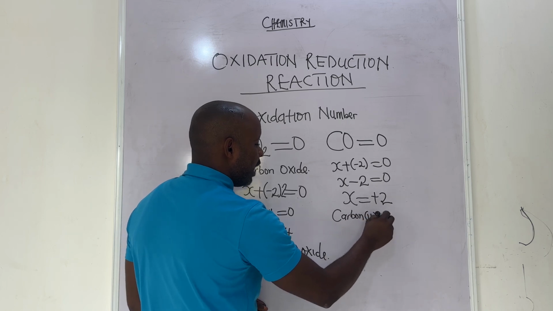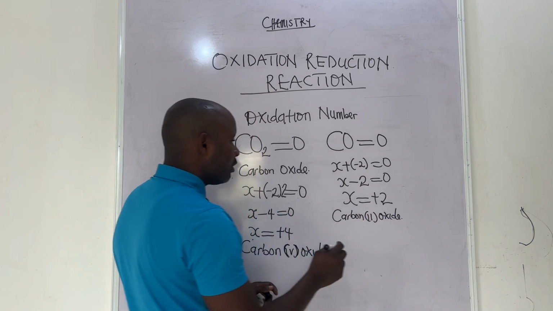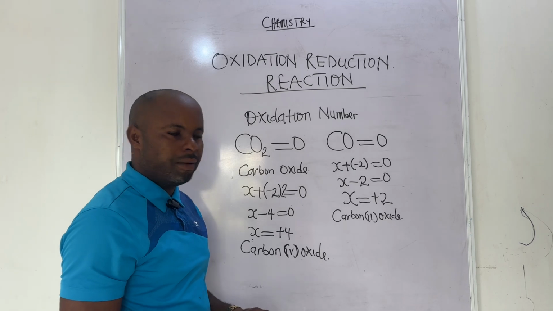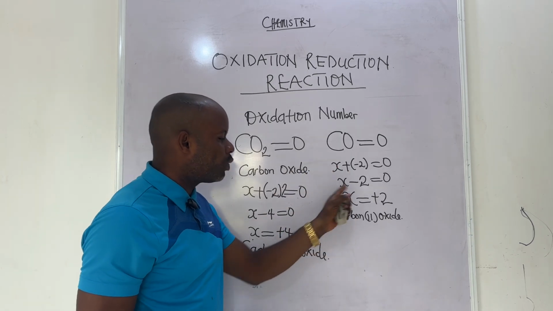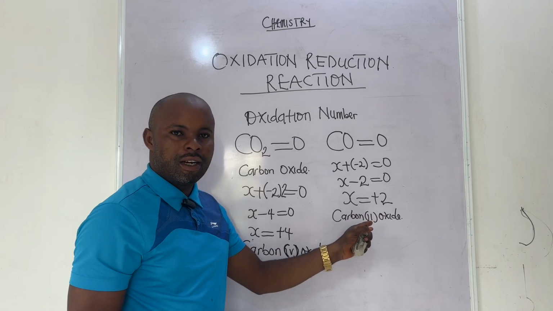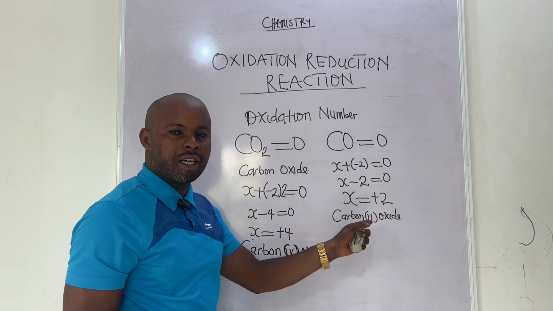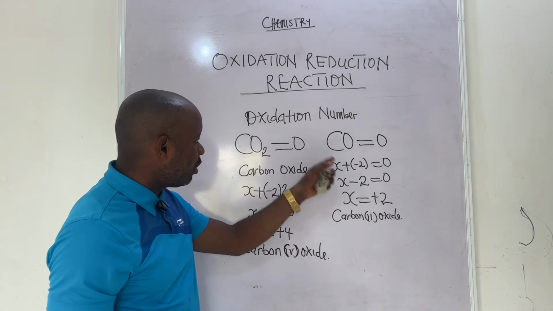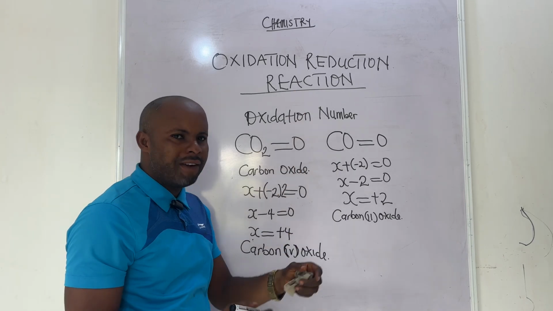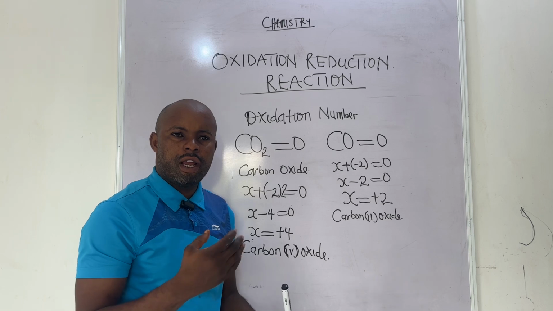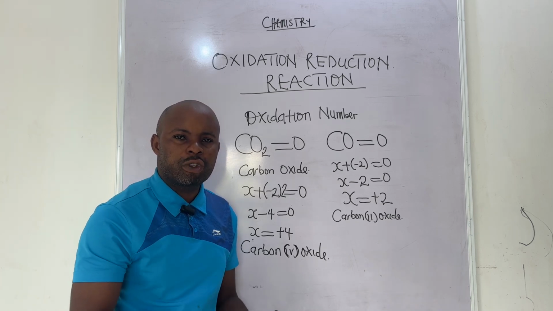2 oxide. They are both carbon oxide, but with the knowledge of oxidation number, we are able to state the state at which this carbon reacted with oxygen. With a better knowledge of oxidation states, the oxidation-reduction reaction will be very easy, because for a redox reaction to take place, there must be a transfer of electron.